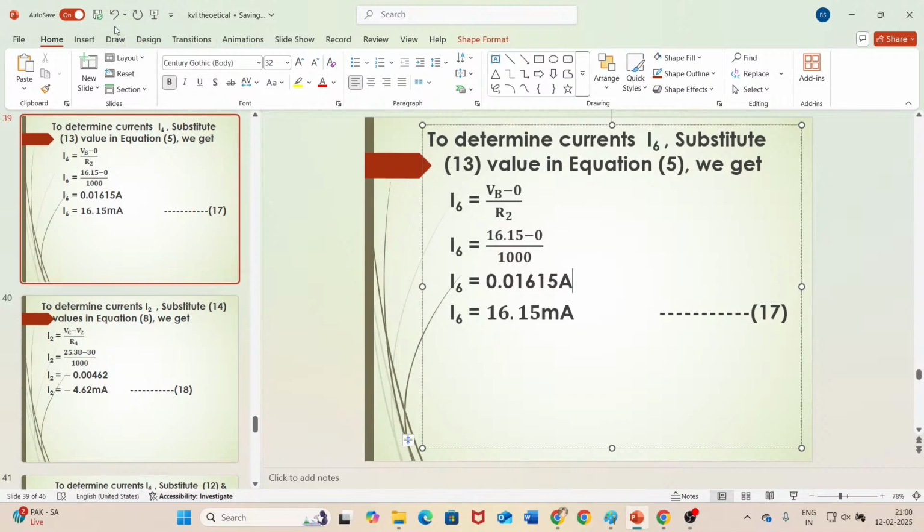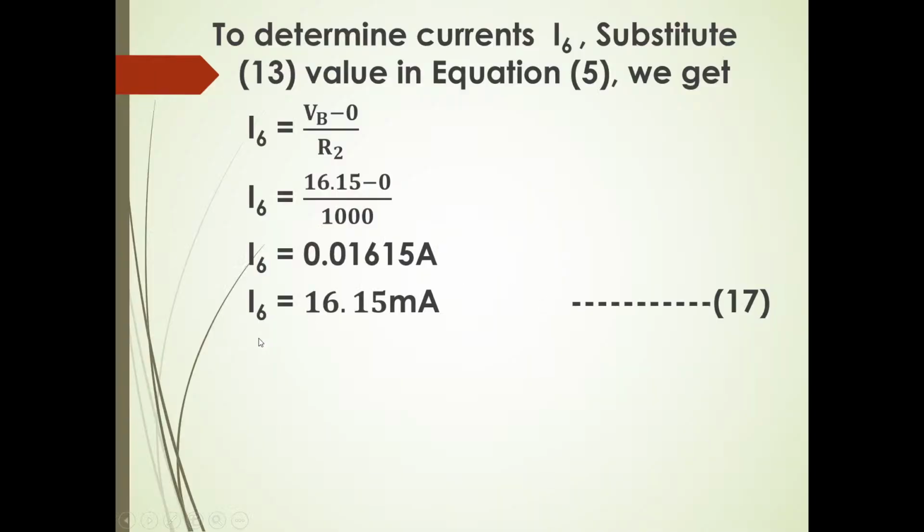Convert that into milliamperes, and this will become 16.15 milliamperes. So I6 is 16.15 milliamperes. You can give some numbering to these currents; here I have given it number 17.